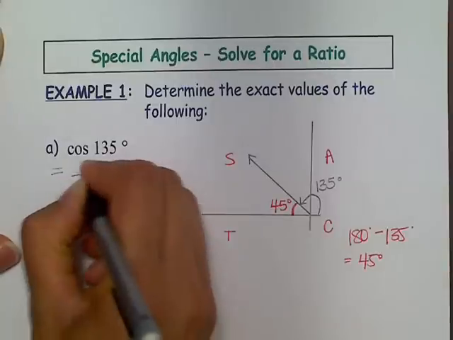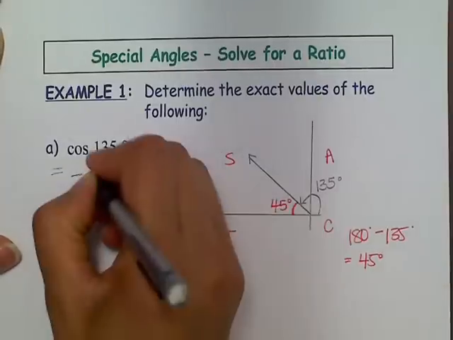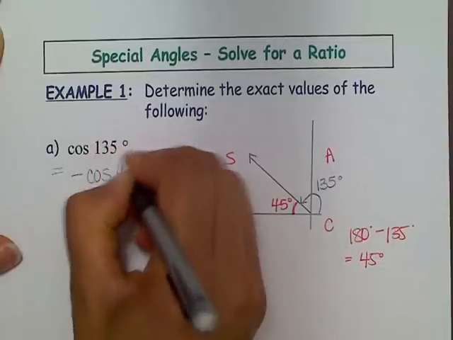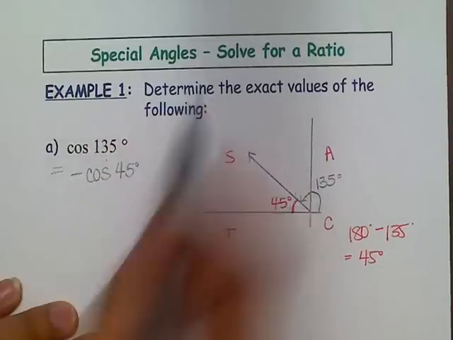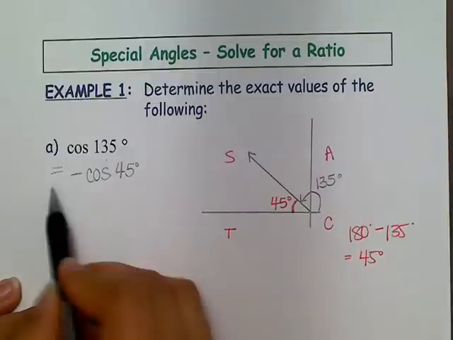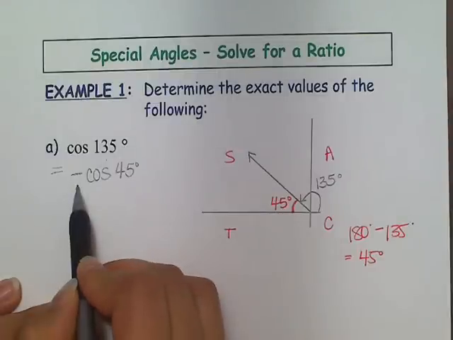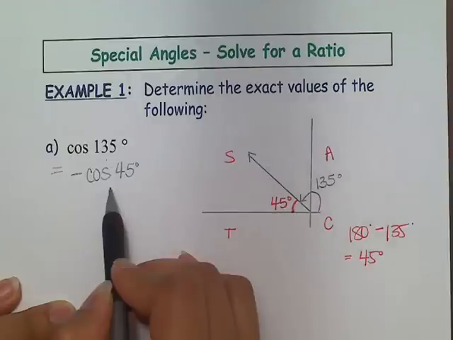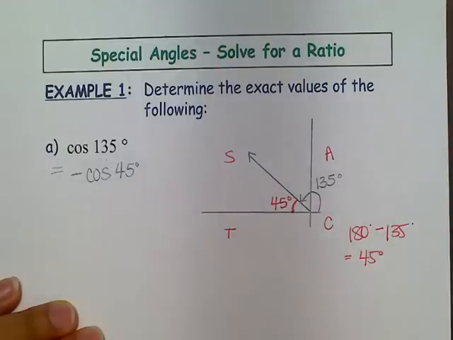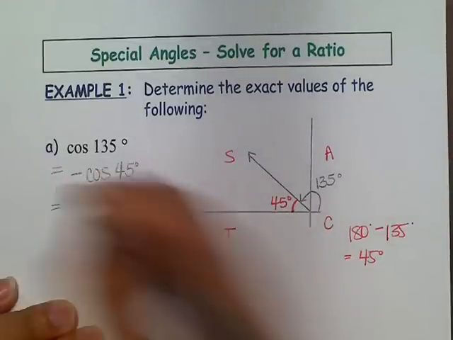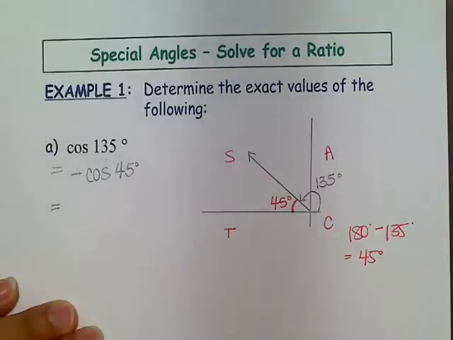So I can rewrite cos of 135 as negative, since it'll be a negative result, the cosine of 45 degrees. So first the CAST rule helps me determine the sign of the ratio, and the related acute angle makes it easier to actually solve for the ratio.